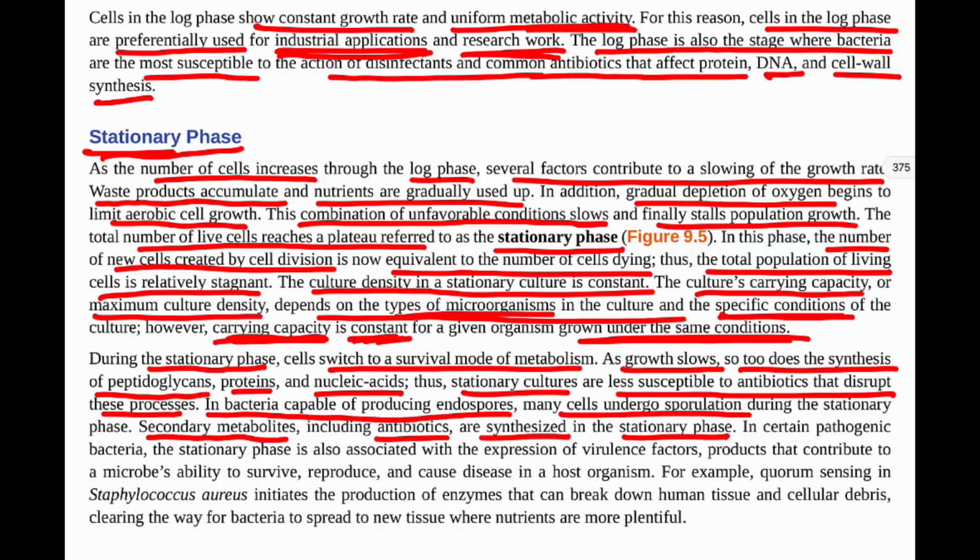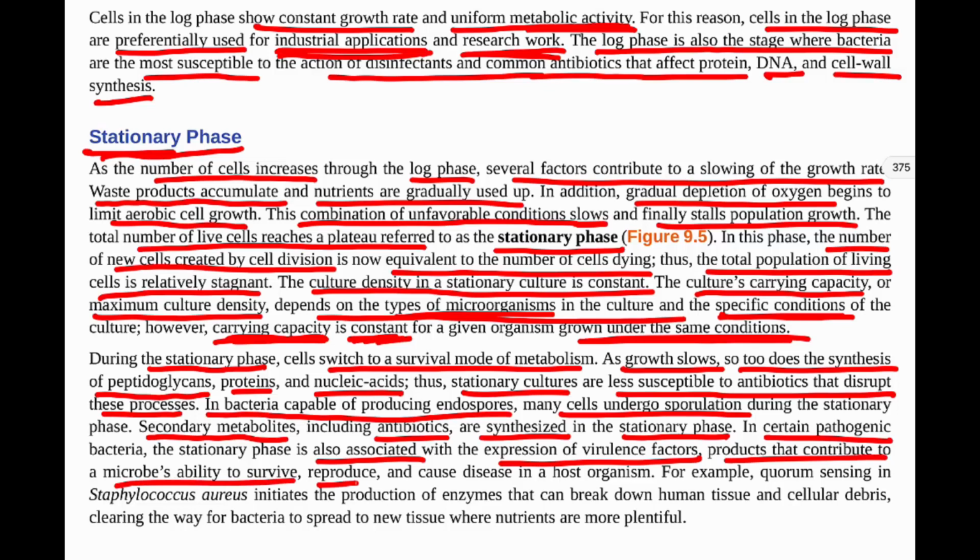In certain pathogenic bacteria, and it even says it here, the stationary phase is associated with an expression of virulence factors. So products that contribute to a microbe's ability to survive, reproduce, and cause disease in a host organism.